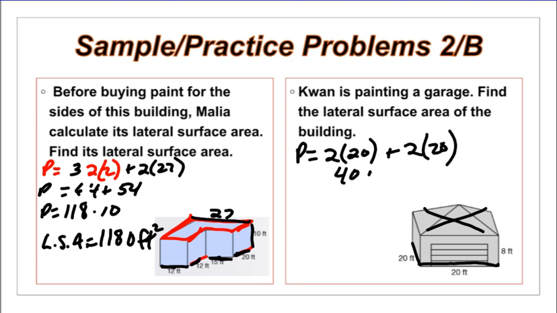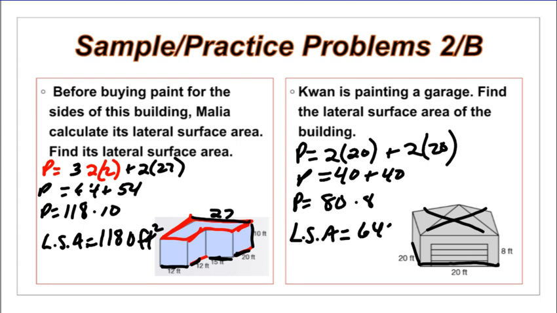So this is 40 plus 40. So the perimeter of the base is 80. And then we multiply by the height, which is 8. So we would have a lateral surface area of 640 square feet.